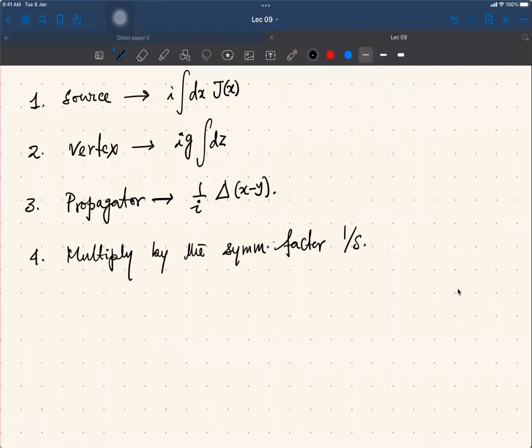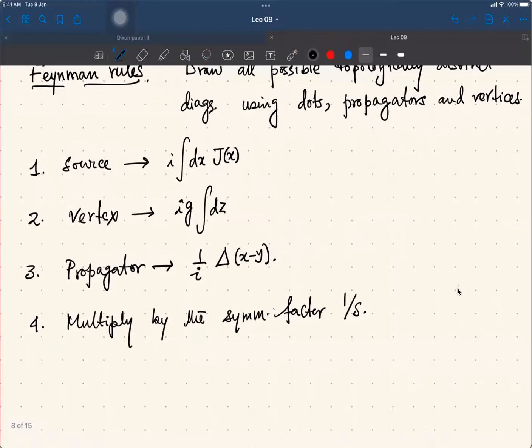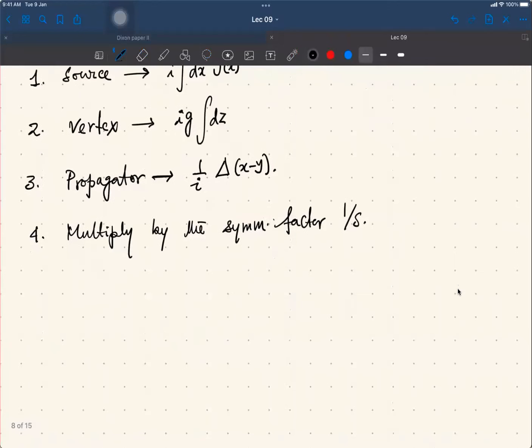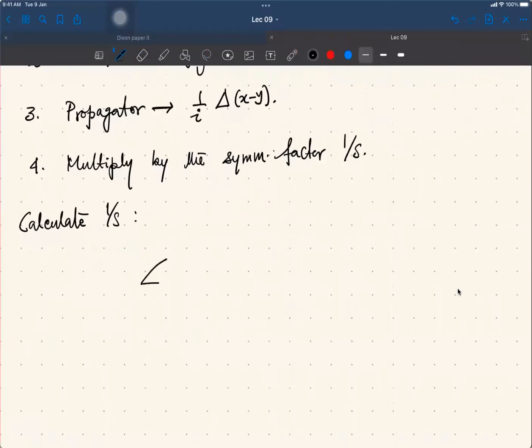So what we have yet to learn is how to figure out this symmetry factor. Let us calculate 1 over s for this particular diagram that we just worked out. In this diagram, you have 3 derivatives. Let me pictorially draw them like this. There are 3 links coming from the vertex, and then there are 2 propagators with the j's.